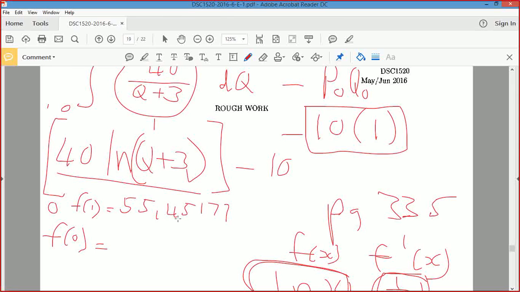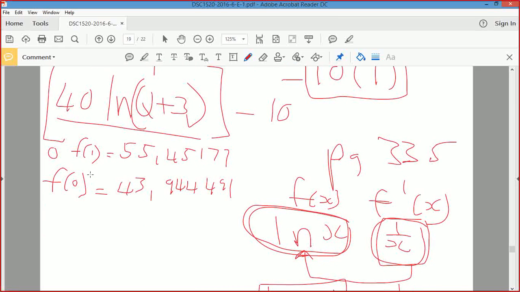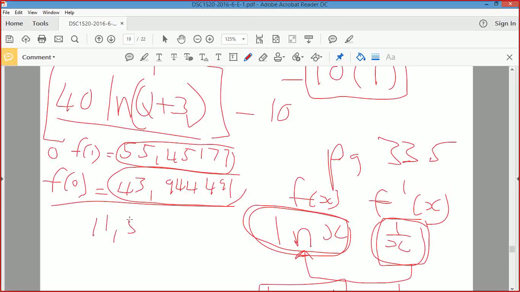So I've got 40 ln 3, that's 43. Yes. Okay, so then I need to subtract the big one minus the small one. So this minus that, 11.51. Okay, minus the 10, 1.51.